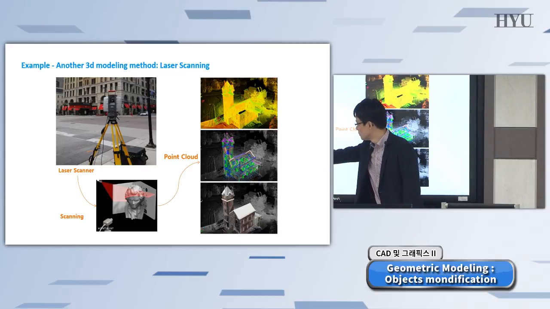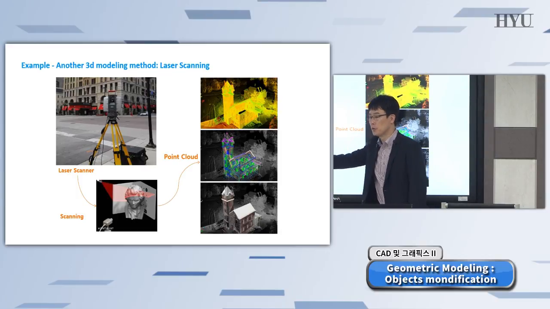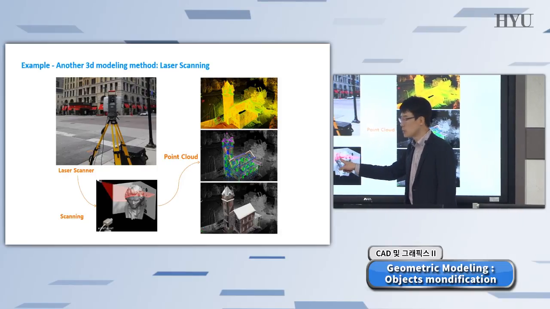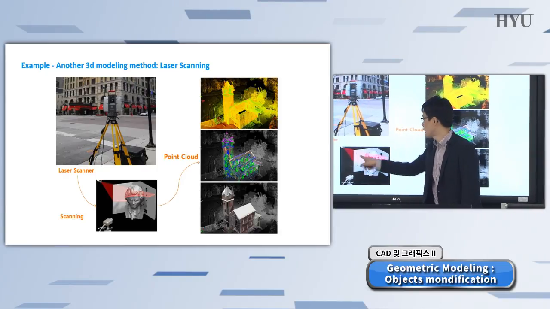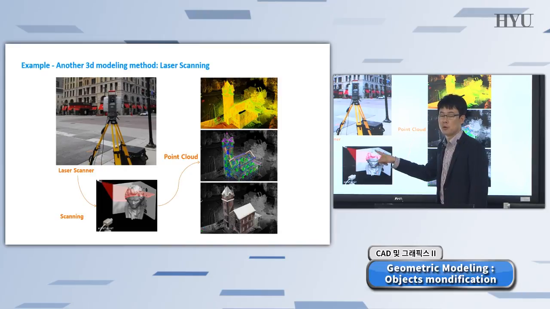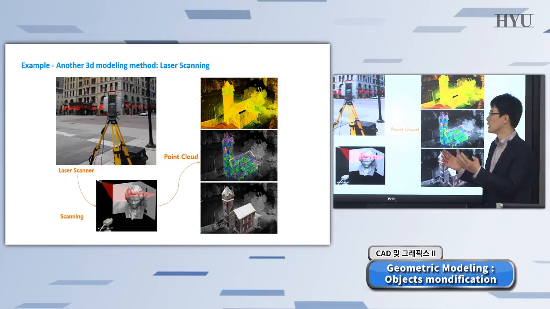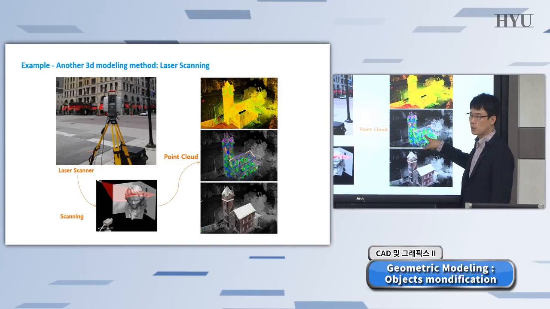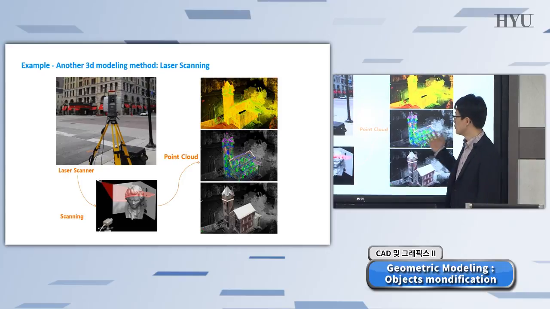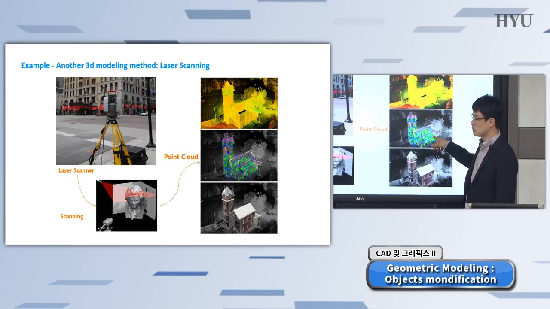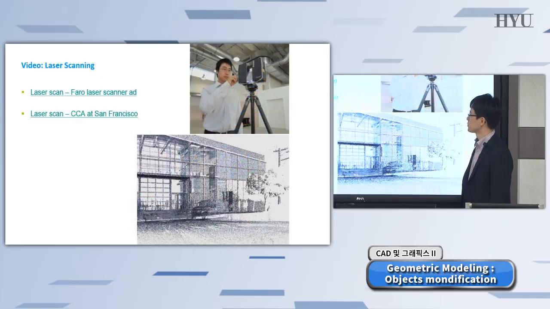In laser scan, there is a laser, one single ray gets one single point, and it detects the distance, the location, and then it can record that specific point in an X, Y, Z coordinate system. That's it. So millions of groups of points are going to create this kind of geometry.